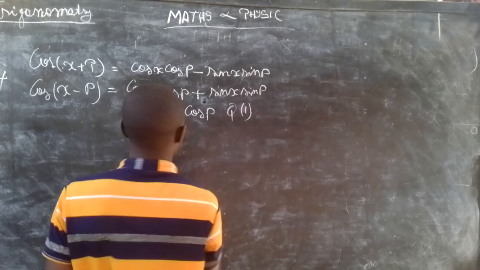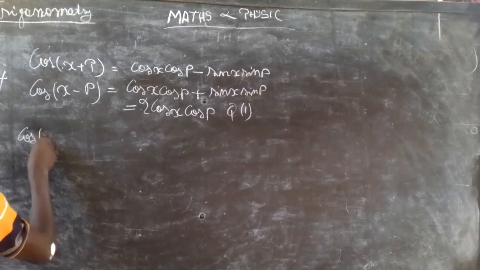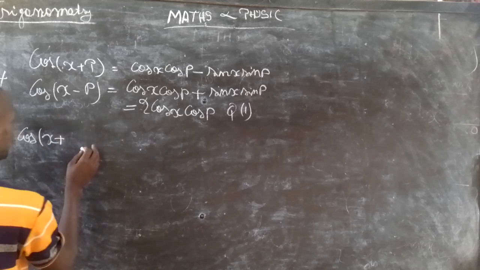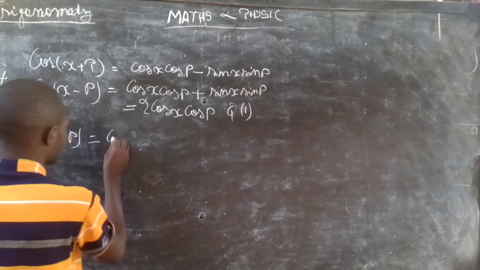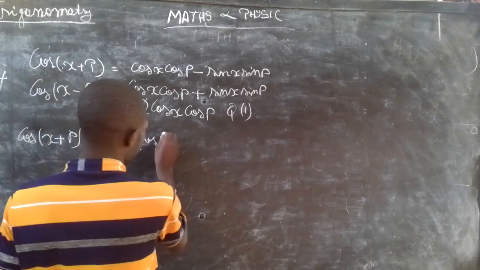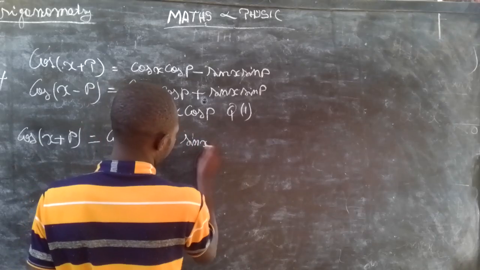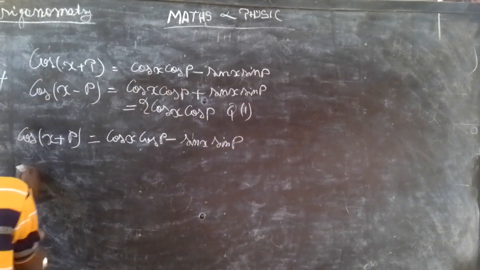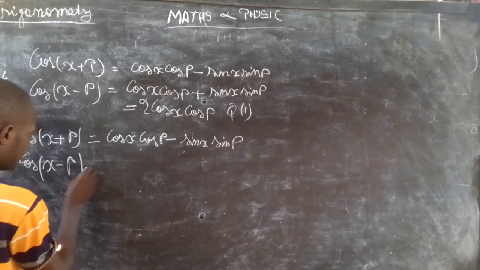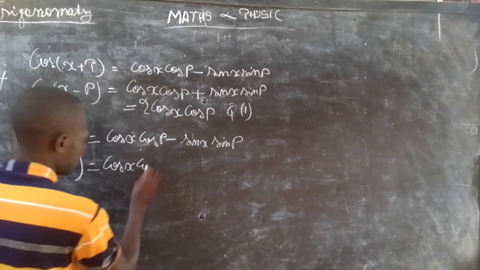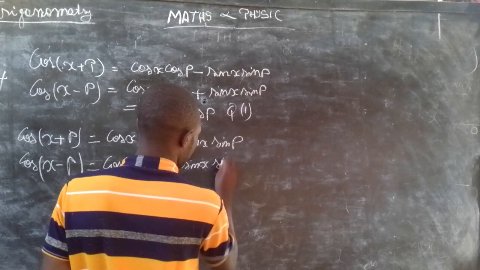Let's go back to cosine of x plus p, which is cosine x cosine p minus sine x sine p, and cosine of x minus p, which is cosine x cosine p positive sine x sine p.